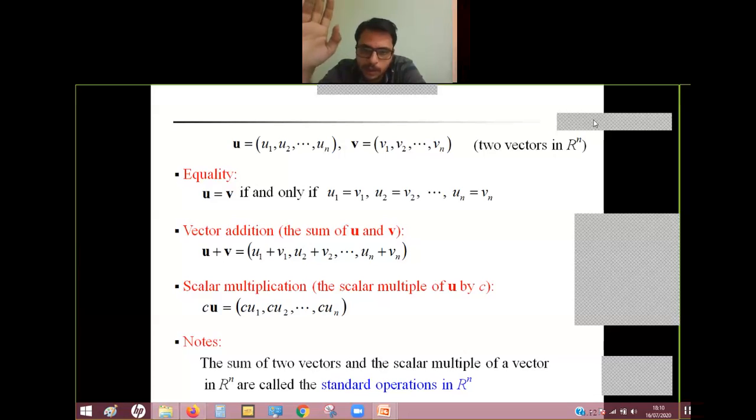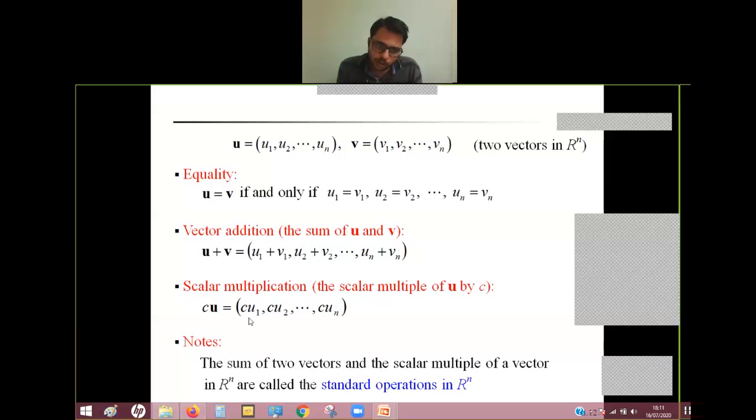The scalar multiple of u by c. Scalar multiplication means the scalar multiple of u by c. Here u is a vector in Rn, and if we multiply that vector u by some scalar c, the result shown on the screen is cu1, cu2, up to cun, because u1, u2, up to un are the n components of vector u.